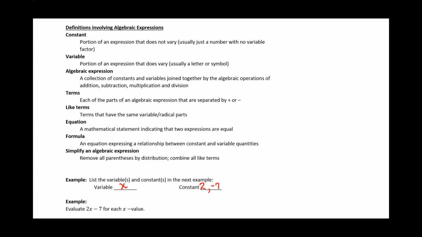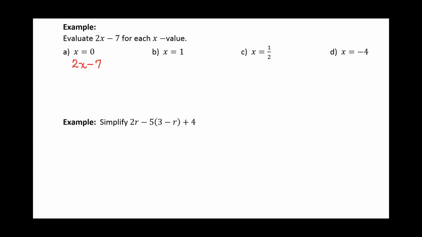All right, then they ask me to evaluate 2x minus 7 for some specific values. For this first one, it says evaluate 2x minus 7 when x is equal to 0. So what do they want you to do? Plug in 0 in the place of what? X, exactly.